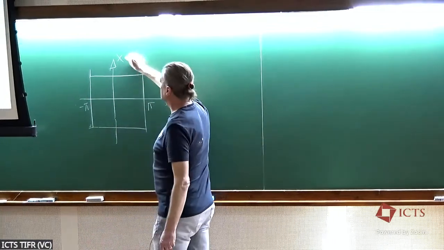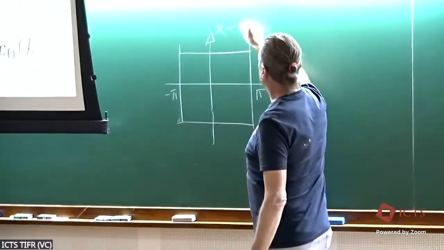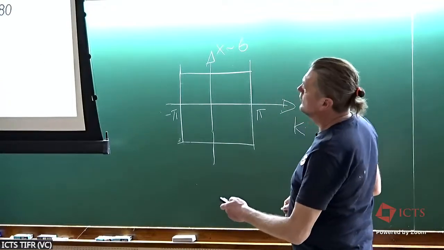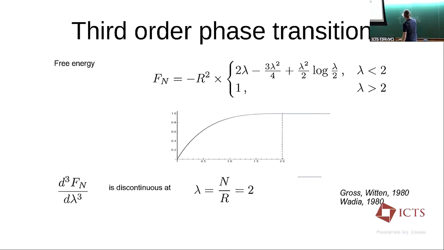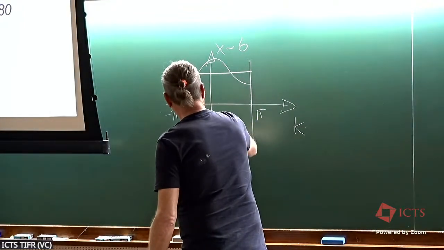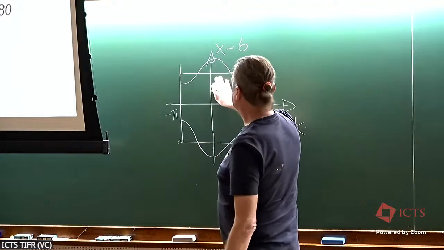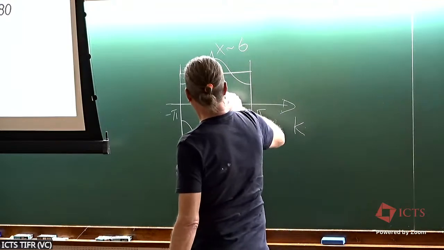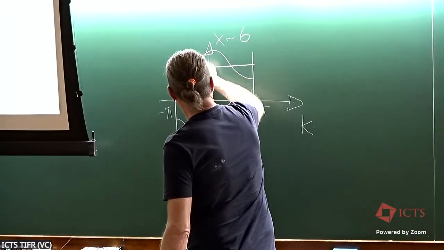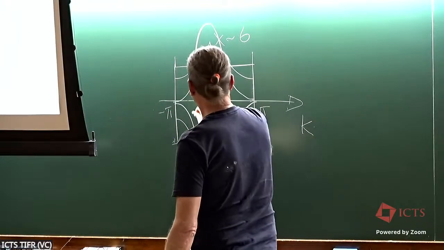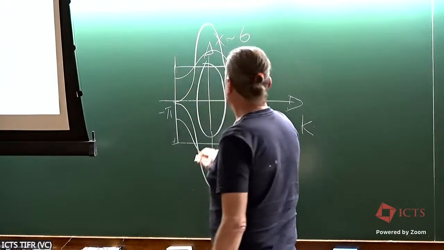The spoiler is that the X of K is the density of the charges on the previous slide. Then the electric field changes the distribution of charges, and they pile up around k equals 0. At some critical value of lambda, these two curves meet at plus minus pi, and after that, some sort of gap opens.